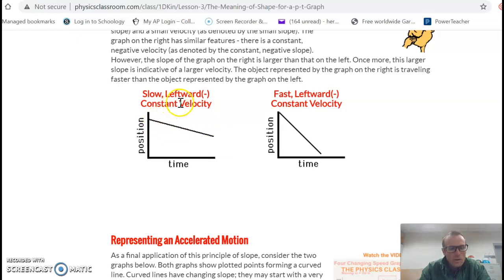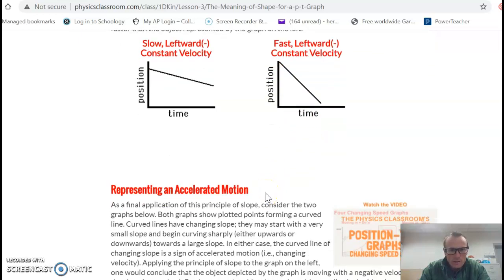Well, we just have velocity moving in the negative dimension. The slope will tell us the magnitude of the velocity still, whether it be positive or negative dimension. But if I'm trending downwards, it means I'm moving backwards. Here, we're moving backwards, but we're doing it faster because the slope of that line is a lot steeper.